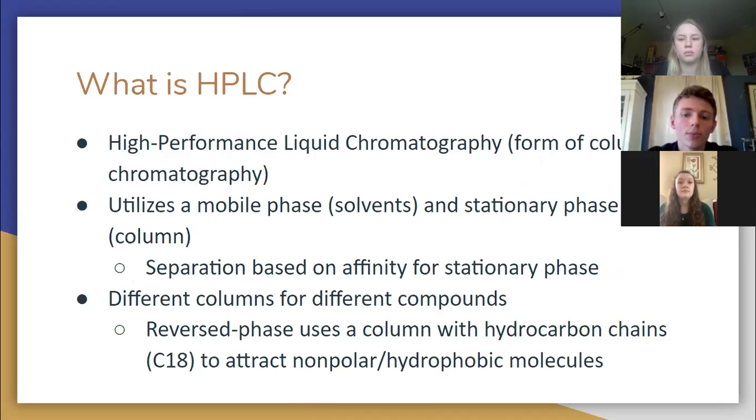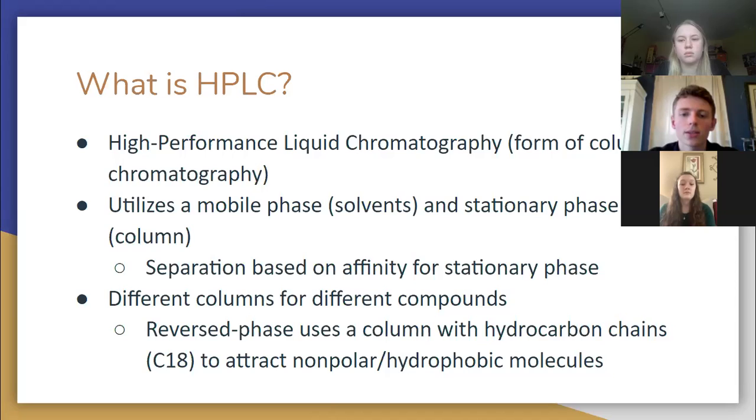So what is HPLC? High-performance liquid chromatography is an analytical technique to separate and identify components in a mixture. Separation in reverse phase HPLC depends on the hydrophobic binding of the solute molecule from the mobile phase and the ligands attached to the stationary phase. The ligands covalently bound to the stationary phase provide a hydrophobic surface.